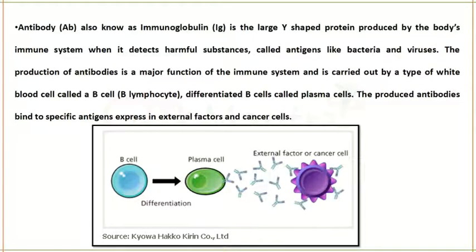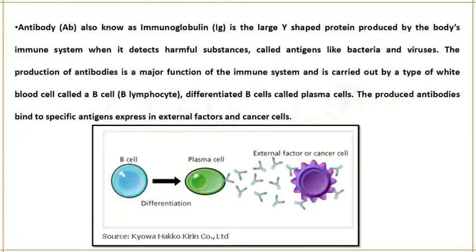Antibody is also known as immunoglobulin. It is a Y-shaped protein. It is produced by our immune system when pathogens or antigens are detected. The production of antibody is a major function of our immune system, and this is done by our B cells.